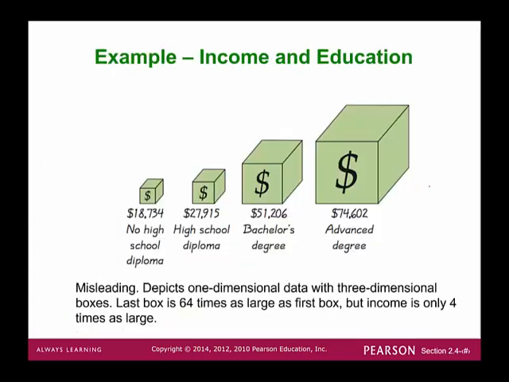And also look at the second example here. This is income and education. As you can see, they use a 3D graph to represent the different education levels with the income level. The thing about the 3D graph, and this is misleading, is that if you look at no high school diploma, they're making $18,734. And advanced degree, they're making $74,602.